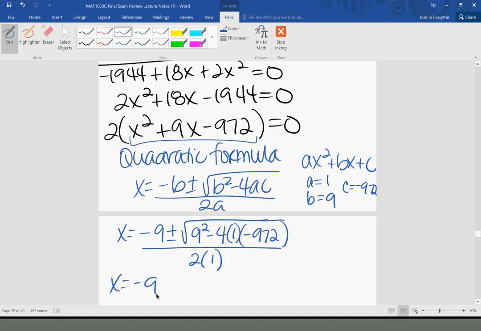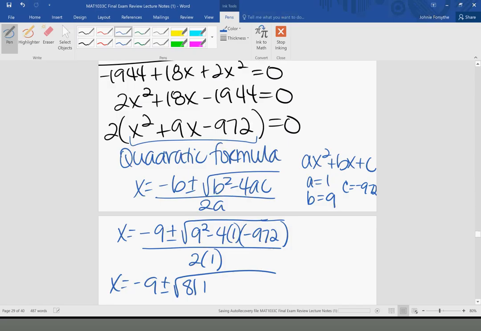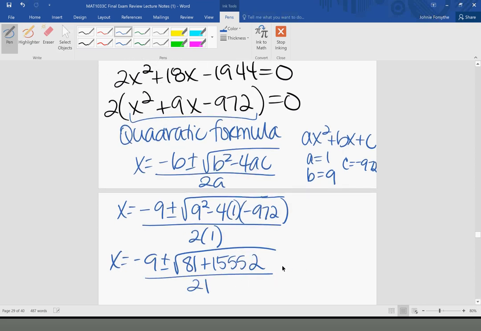So we have x equals negative 9 plus or minus the square root of 81, negative 4 times 1 times negative 972 is positive 15,552. All of that divided by 2.